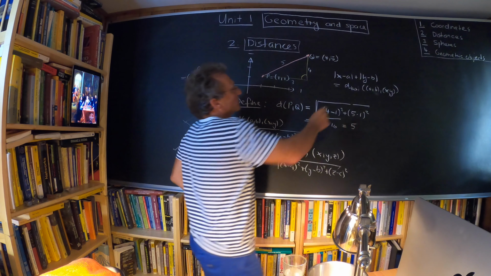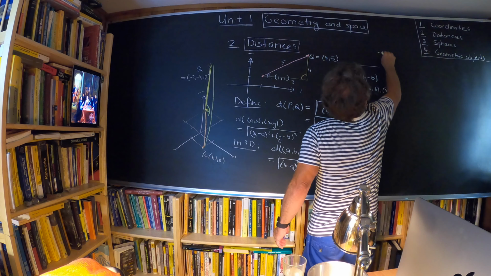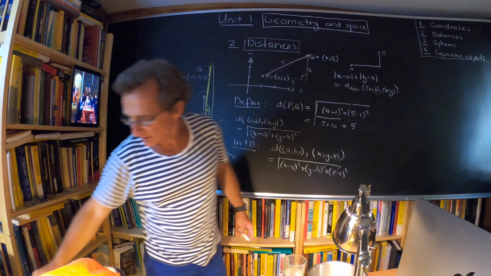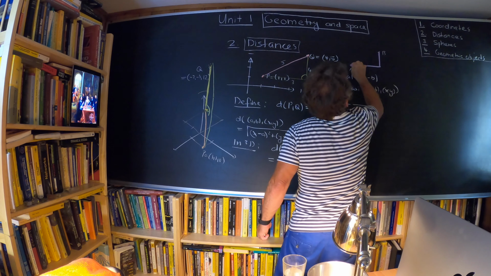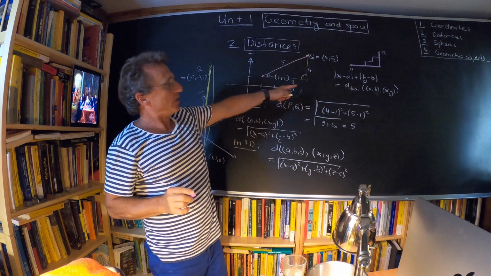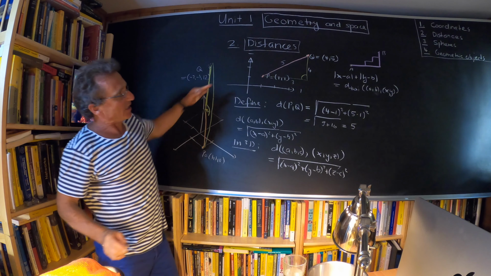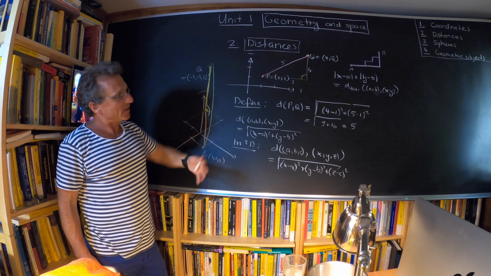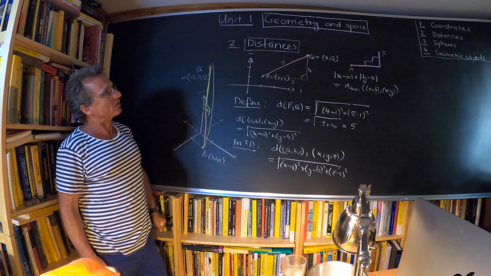It's called the Manhattan distance, because we get one point and another point, and we just take the sum of the lengths, right? This length here plus this length. If you travel as a taxi driver in Manhattan, you have to travel this distance, and you cannot go straight like an airplane can. So the distance is something you can play with, but this is the most natural distance. It's the Euclidean distance.